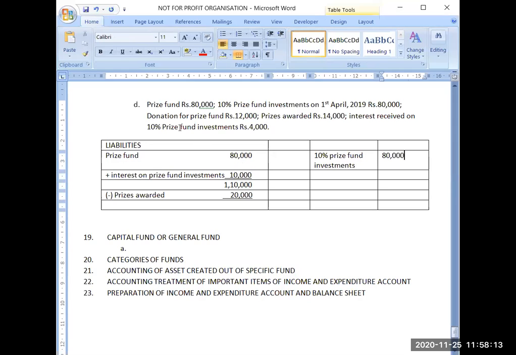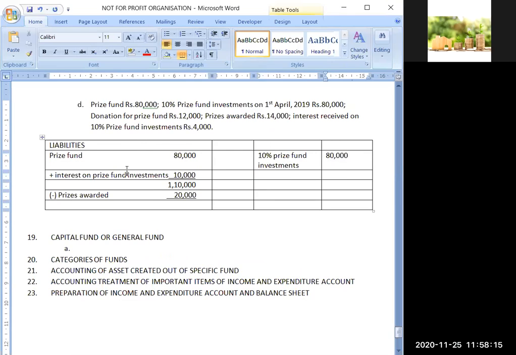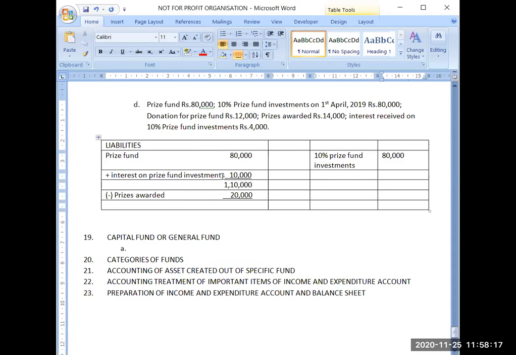Then we have received a donation for prize fund, rupees 12,000.